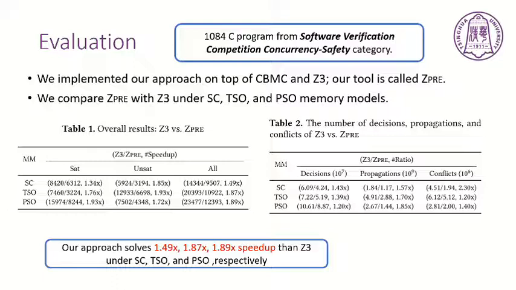We also list many other statistics about the decisions, propagations and conflicts in SMT solving. This data also shows that our method can reduce the search procedure and consume less memory. So we think that the interference relation guided approach for multi-threaded program verification is useful and it works.